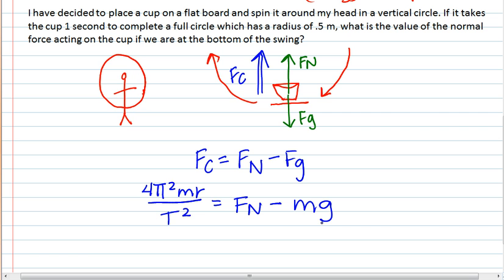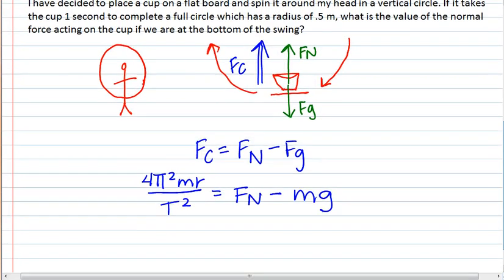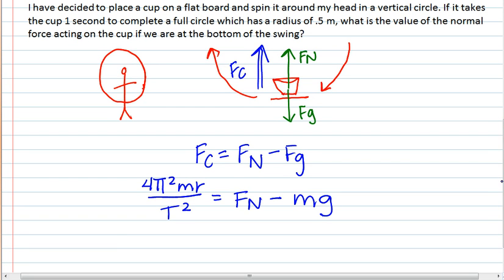Now, we may run out of time before this actually finishes, but from here, we're simply plugging in variables. We know it's going to be 4 pi squared m, which is going to equal 0.8 kilograms. I forgot to put that in the problem. It's a 0.8 kilogram cup, and try to go from there.